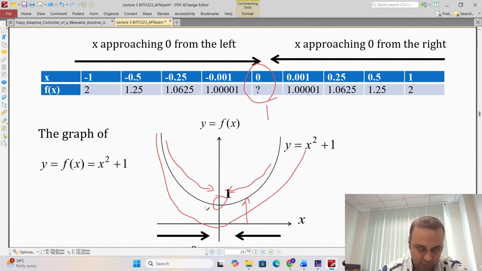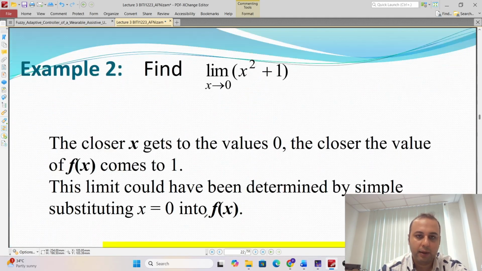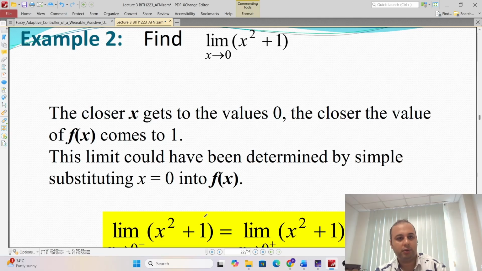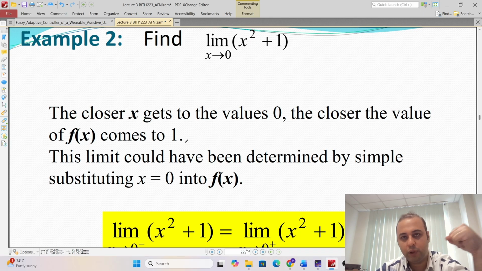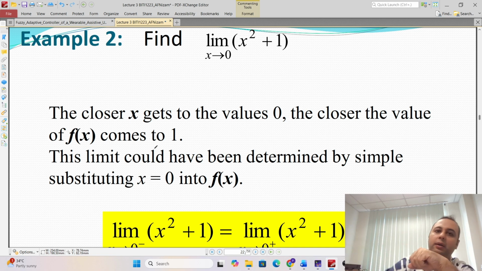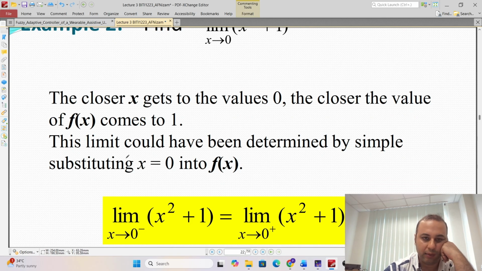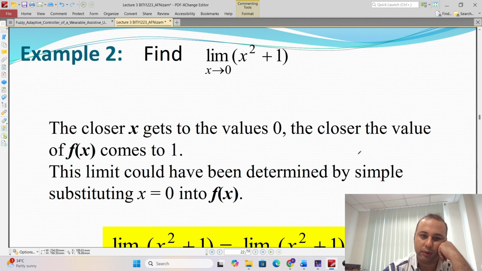Fine. Okay. Example number 2. The closer x gets to 0, the closer the value of f(x) comes to 1. It's pushing toward 0, so f(x) will be pushed to 1. These limits could have been determined by simple substitution.